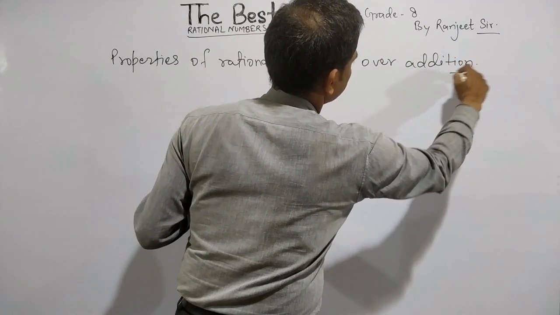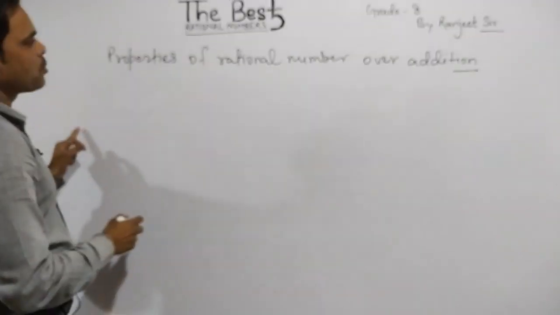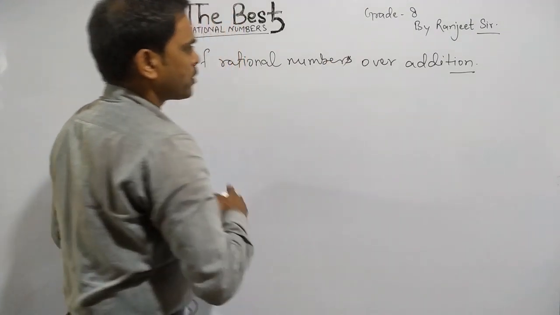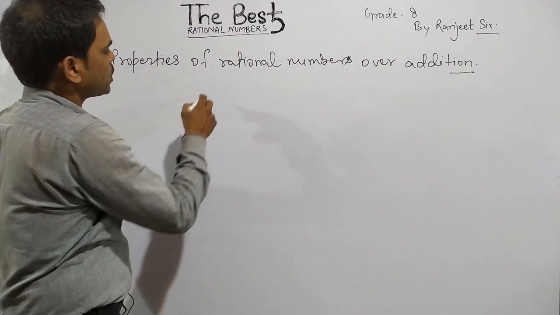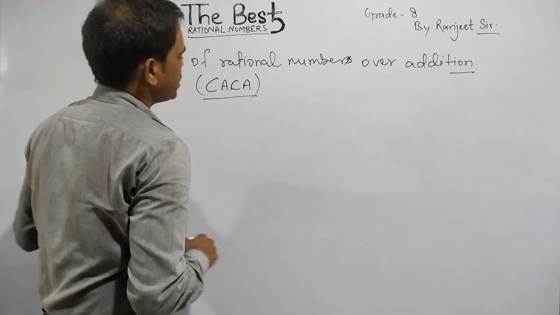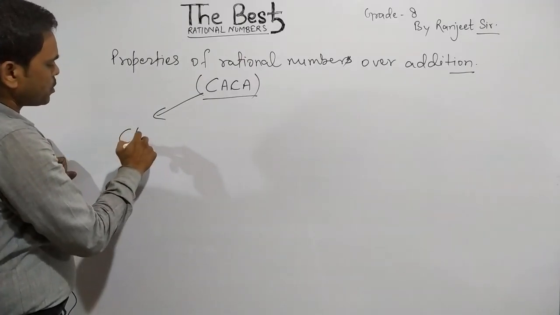When you go through the videos I have made on this topic, you will find one trick I have given you to memorize it. It is CACA. The first C stands for closure property.